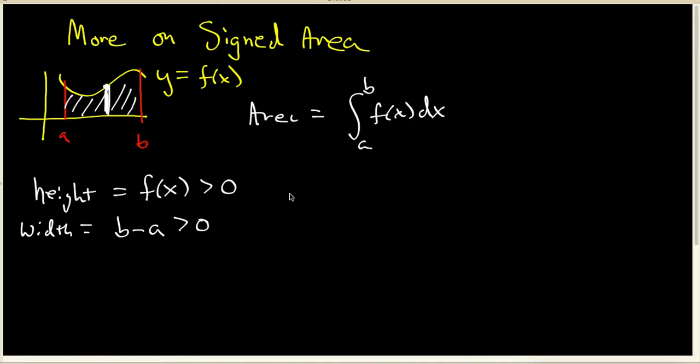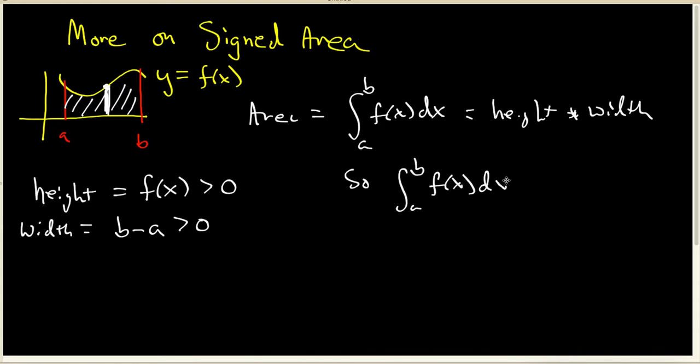And of course, area is always loosely height times width, and that would mean that this area ought to be positive. So this particular integral is going to be a positive number times another positive number, which ought to be a positive number.